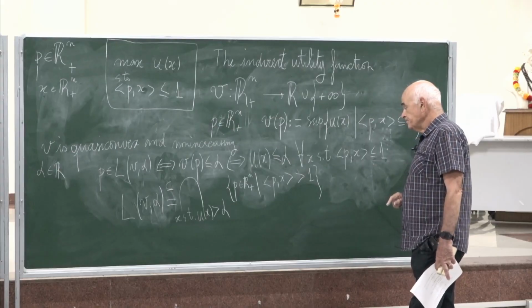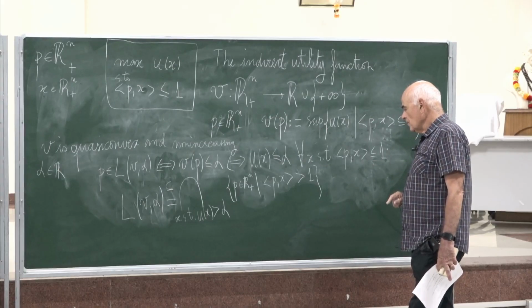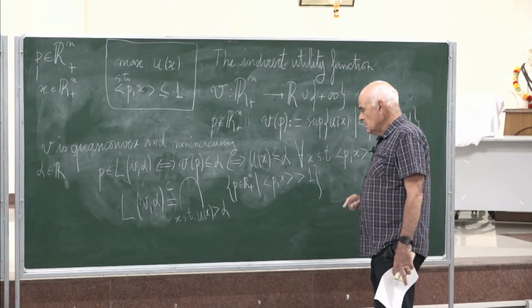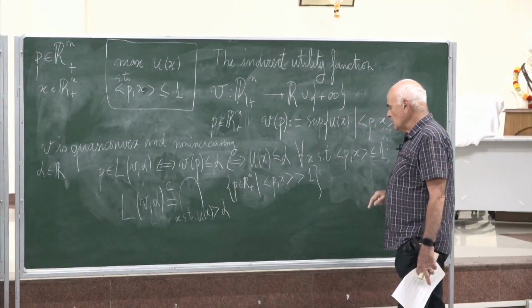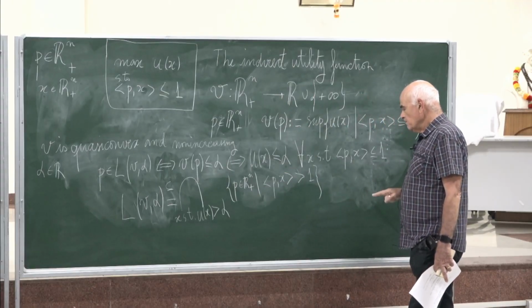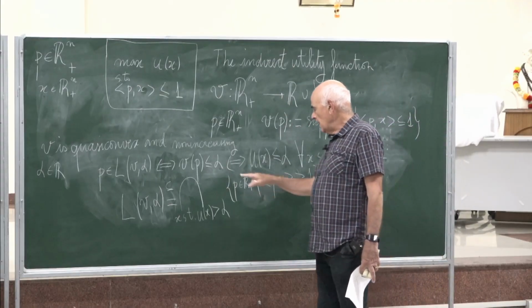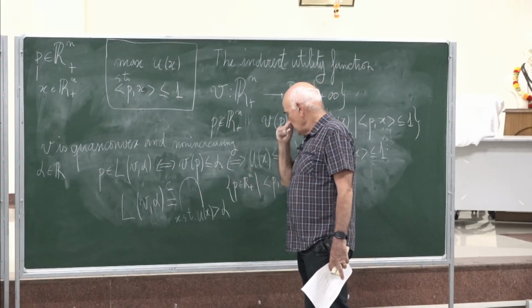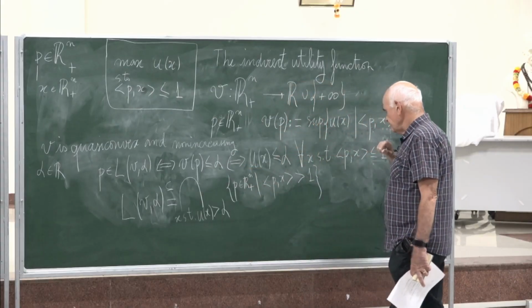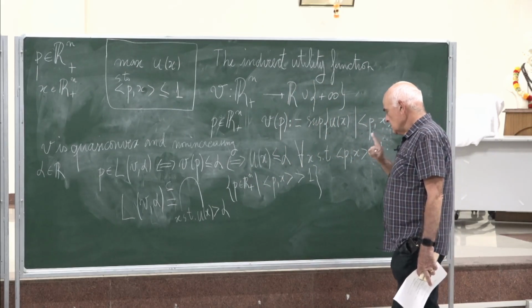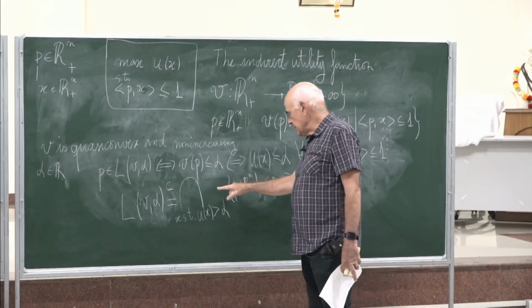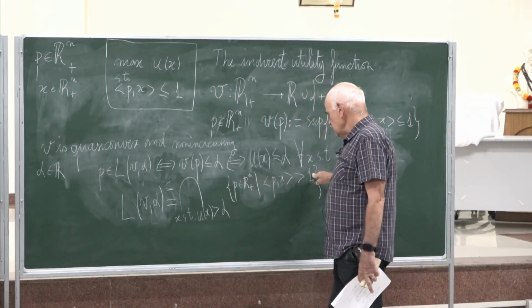then V of P should be less than or equal to alpha, because otherwise, let me see. So suppose x satisfies it's here.